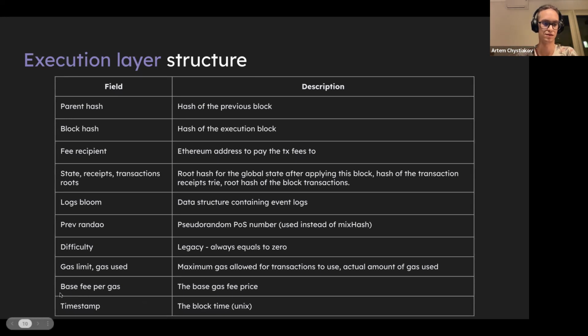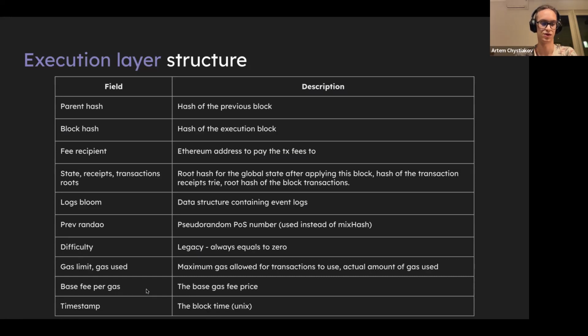Then there is the base fee per gas field, which was introduced after the London hard fork, and the transactions that set their gas lower than this base fee won't be accepted by the node.